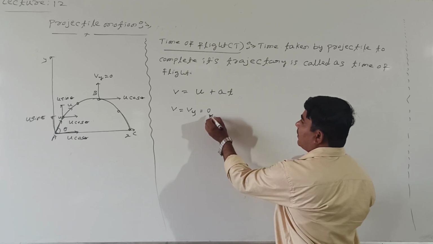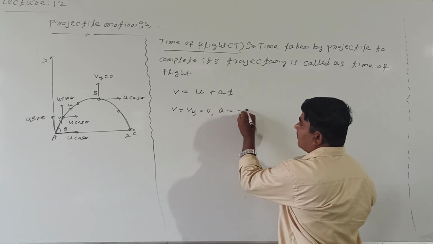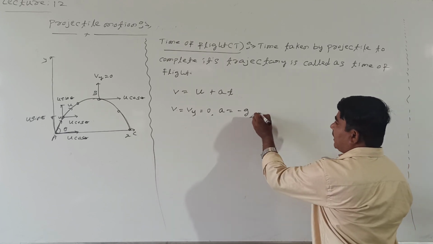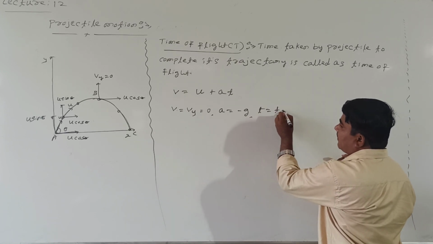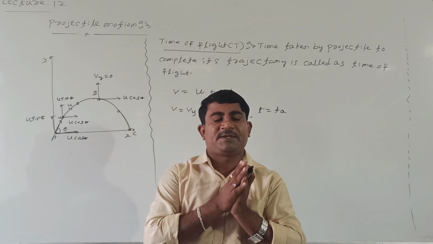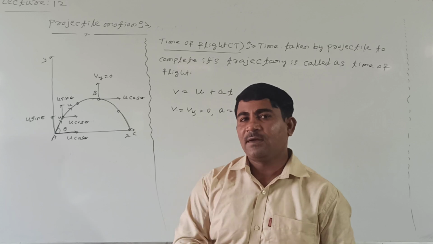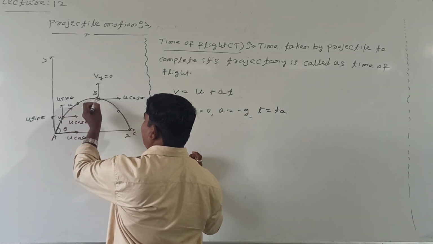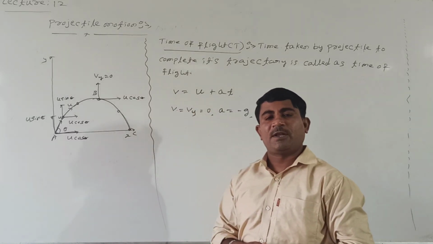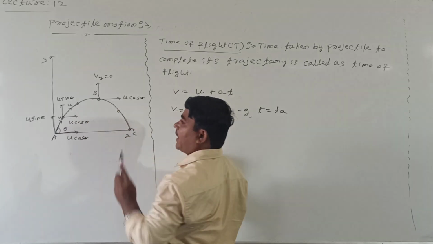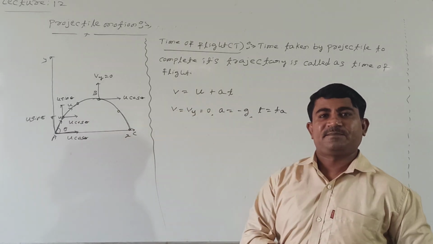Then A can be replaced by minus g. Then T can be replaced by TA. What is TA? TA represents time of ascent. Time of ascent means the time taken by the projectile to reach its maximum height, I mean the time taken from ground to maximum height. That we are calling time of ascent.